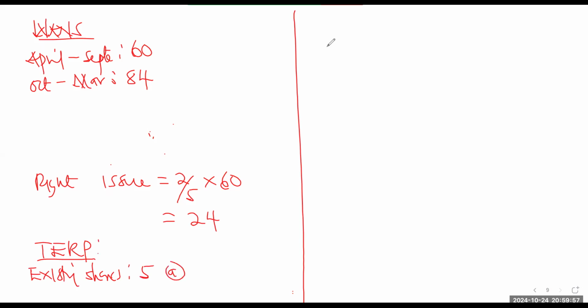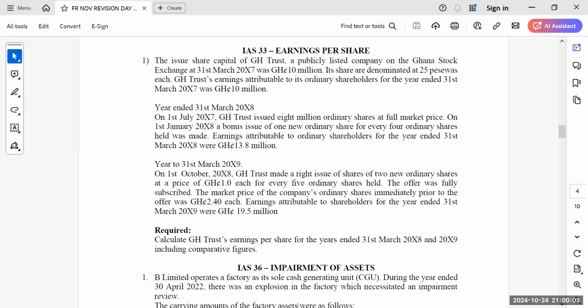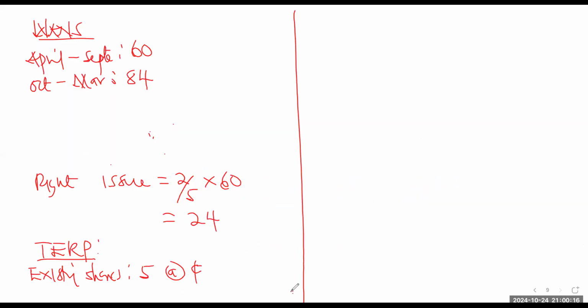What is the price of the shares before the rights issue? The market price immediately prior to the offer was 2.4 each. So 5 multiplied by 2.4, what are we having? 12.